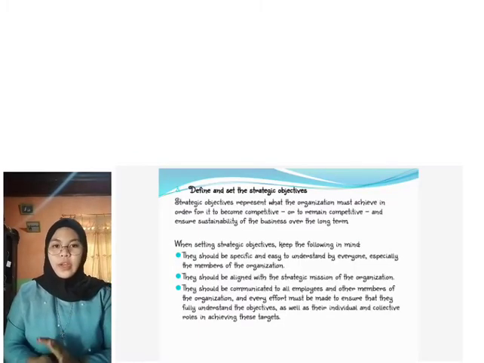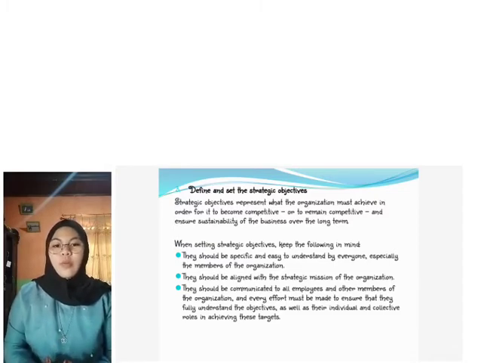3. Define and set strategic objectives. When setting strategic objectives, keep the following in mind. 1. They should be specific and easy to understand by everyone, especially the members of the organization. 2. They should be aligned with the strategic mission of the organization. 3.